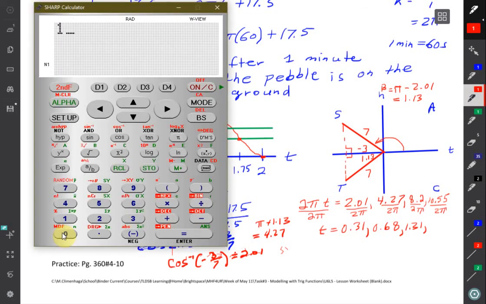And finally, 10.55 divided by 2 pi, 1.67.